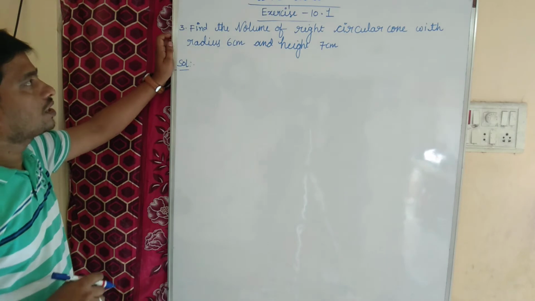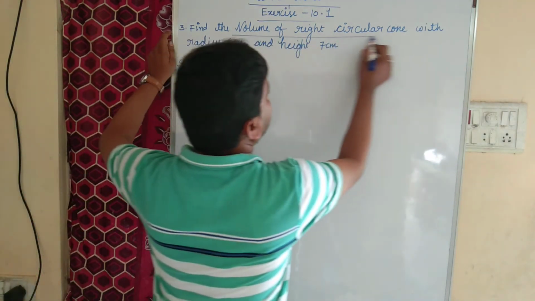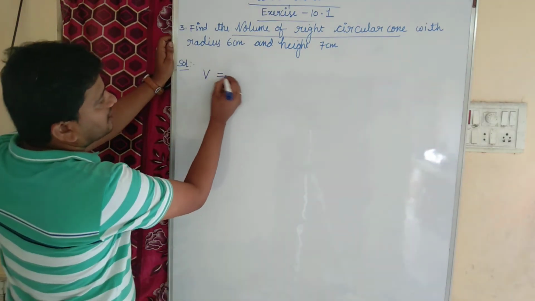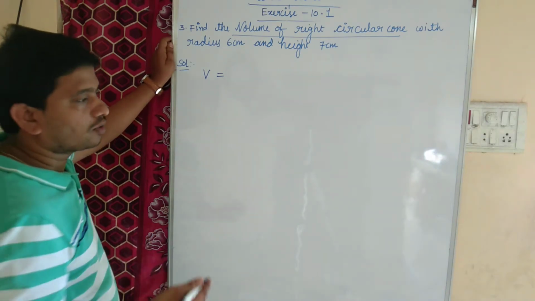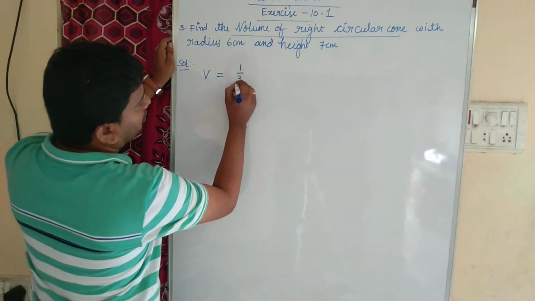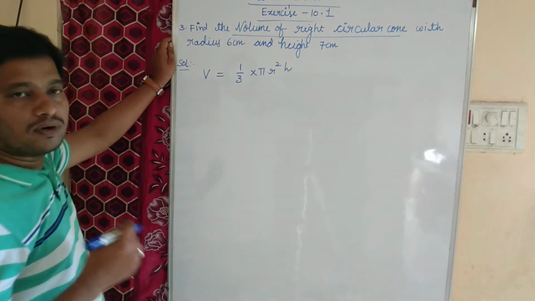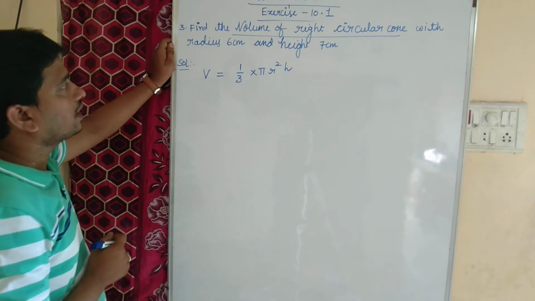Now coming to the third question: find the volume of a right circular cone. What is the formula to find the volume of a right circular cone? It is equal to 1 by 3 pi r square h. Volume of a cone is 1/3 of the volume of a cylinder.